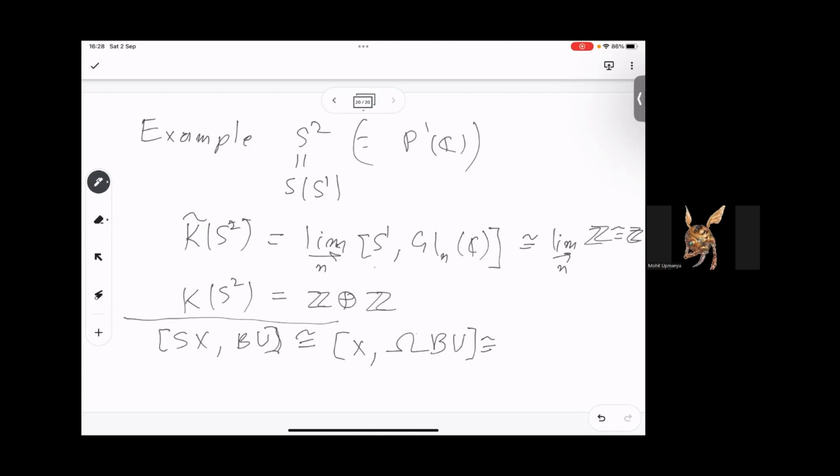But we already know that this value is the same as [X, U infinity]. So this implies the loop space of BU is isomorphic to U infinity. This is just an observation I wanted to make. More importantly, we have done the calculation. So that's where I want to end the lecture.